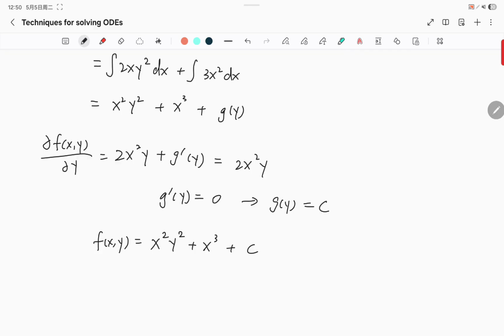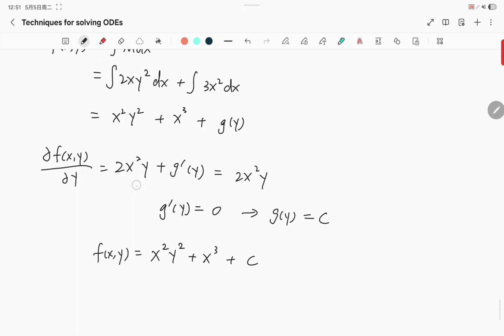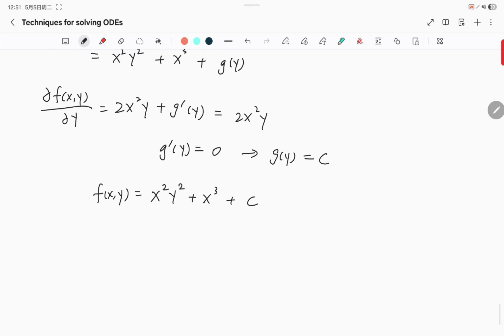And magically, this should be the same as your N. Like this, they're the same. If they're not the same, congratulations, you made another mistake. And then you're going to figure out what your g prime of y is. g prime of y is 0 because it's not there on the other side. So g of y is just C, a constant, and then you put everything together, and there you go.